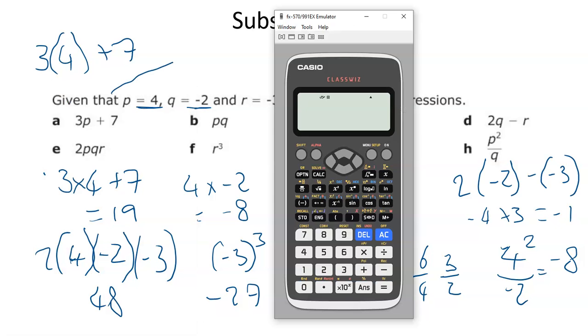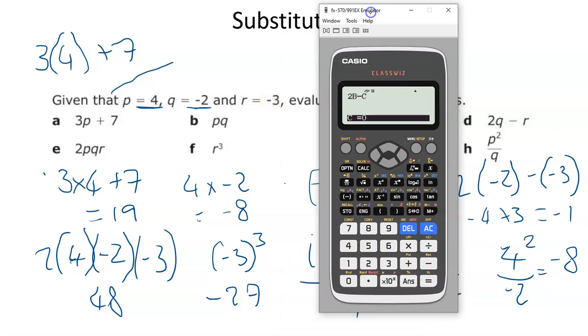Let's do D. I could write it in like this, 2 alpha B minus alpha C, okay, where Q is B, so I was doing A, B, and C. So then if you press calc instead of equals, it'll say, what is B? And you can say, oh, well, that's minus 2. And it's, well, what's C? And I can't remember, minus 3, so you tell it it's minus 3, and then press equals again, and it will work it out. It will actually do the substitution as well.